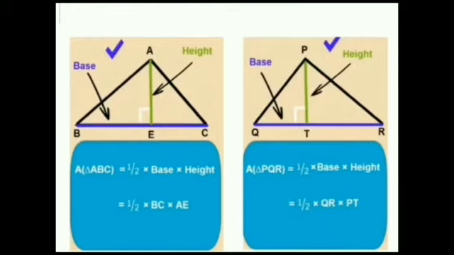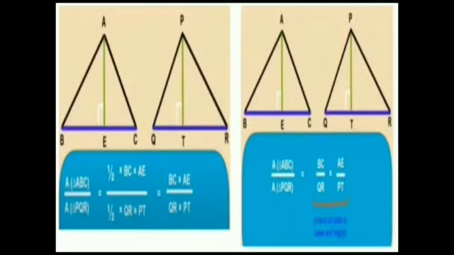Now let us take the ratios of both the areas of the triangles, that is triangle ABC and triangle PQR. So we get area of triangle ABC upon area of triangle PQR is equal to half into BC into AE upon half into QR into PT.